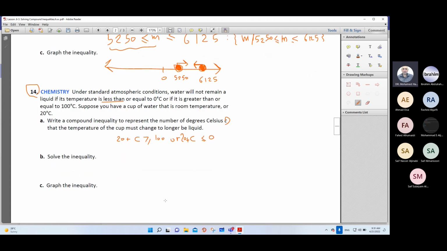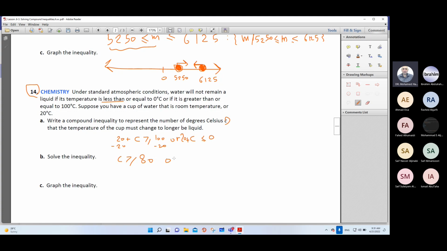Now you can solve the inequality. To solve this inequality, try to remove 20 from this side. You can subtract 20, minus 20 here, minus 20 here. So it will be C greater than or equal to 80.